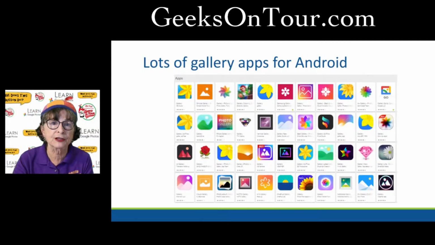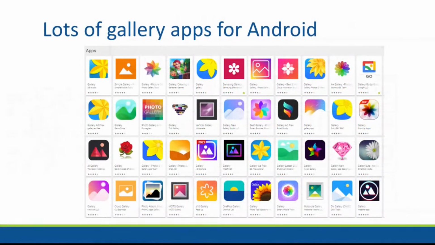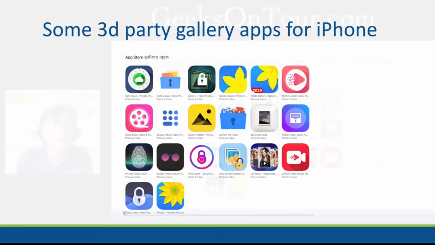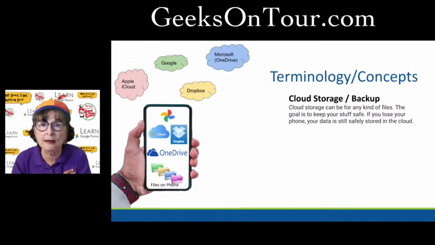And there's lots of other ones. People think that they have to use what came with the phone. No, look at all these other gallery apps. If there's features that you want, you can maybe find another gallery app you like even better. And there's not as many, but there are other gallery apps for the iPhone as well. I do not recommend any of those.